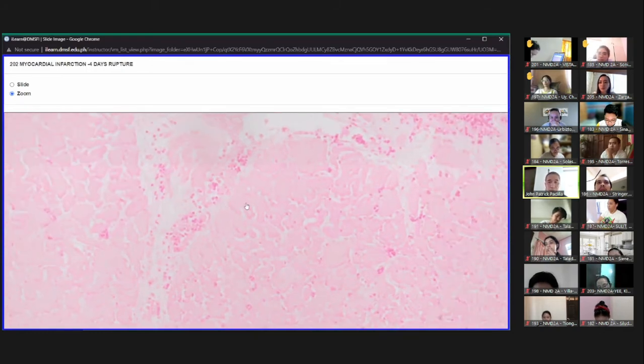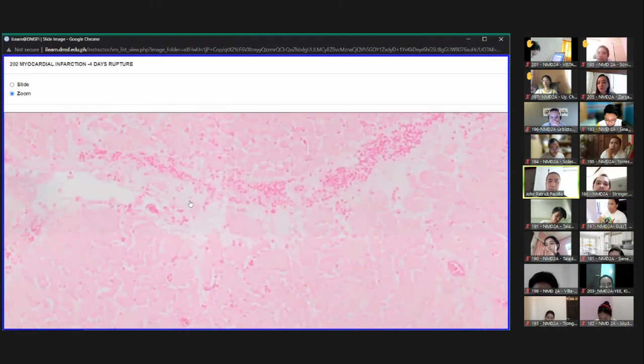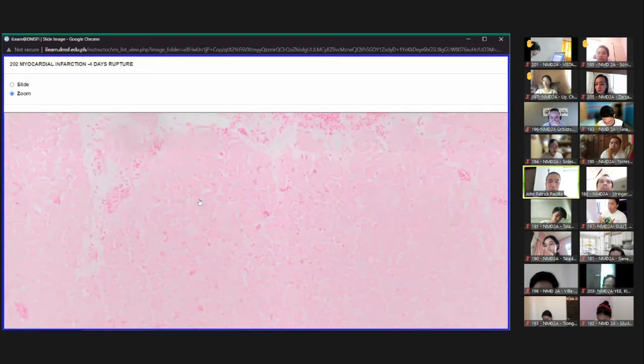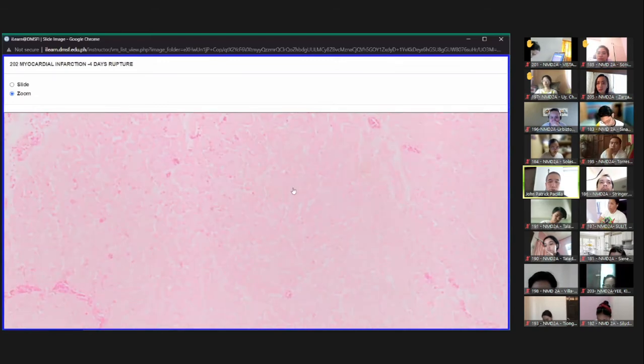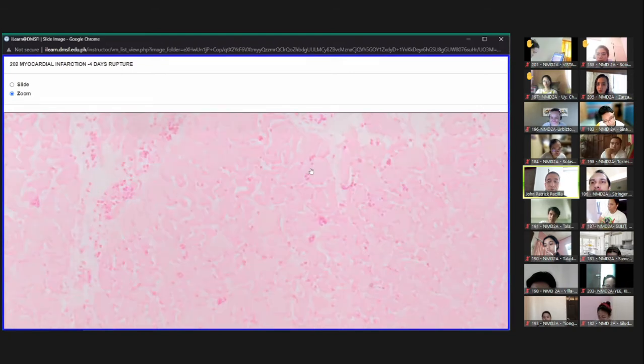Okay, so understandably, because this is 4 days, there would be a shift. So the predominant cell that would be seen would now be lymphocytes or histiocytes. And take note, in this particular view, what would be evident? You would still be able to see some outlines, but now there is a form of disintegration. Okay, that is very important.